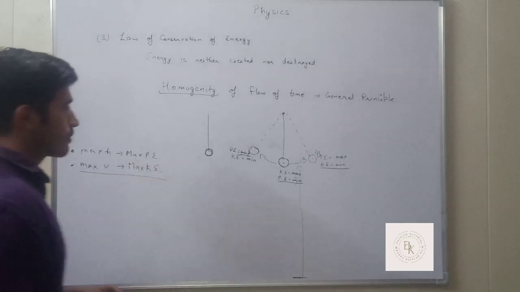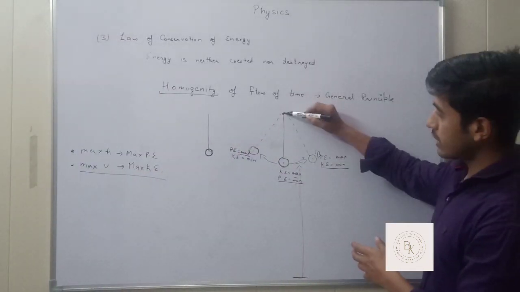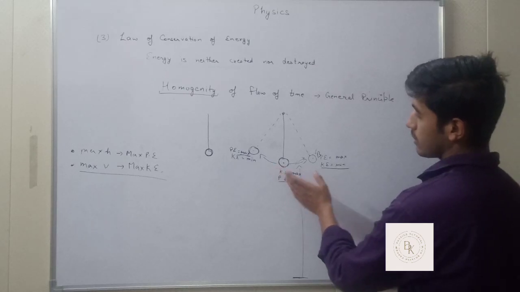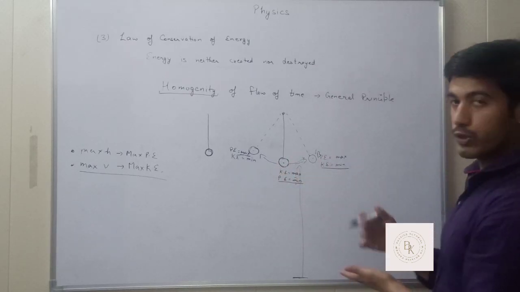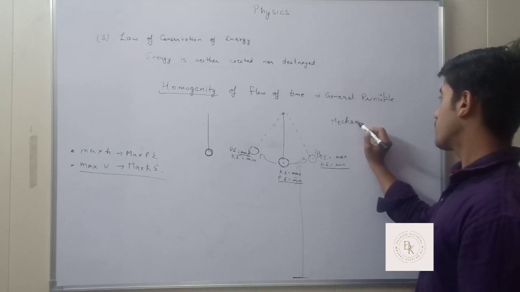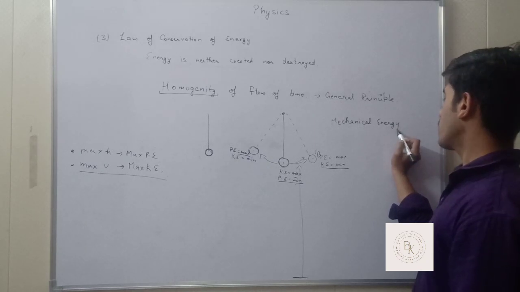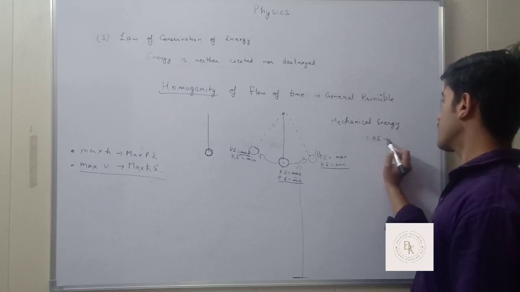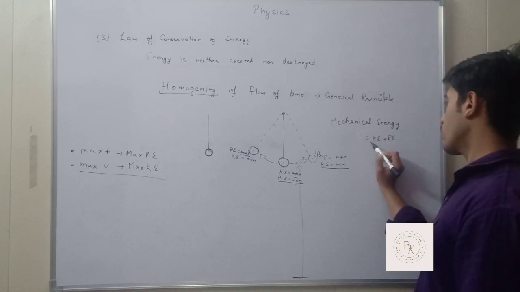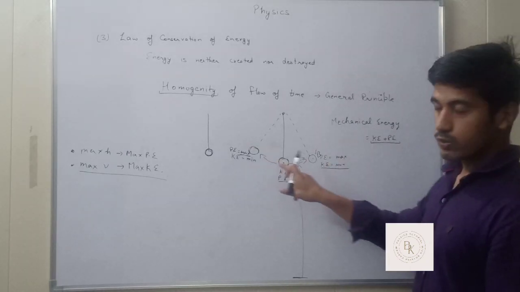So I have taken this example to illustrate how the kinetic energy and potential energy are convertible into one another, but the mechanical energy is conserved. The mechanical energy, which is the sum of kinetic energy plus potential energy, is always conserved in all the stages of the pendulum in to and fro motion.